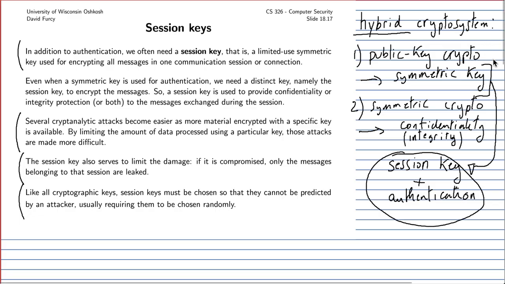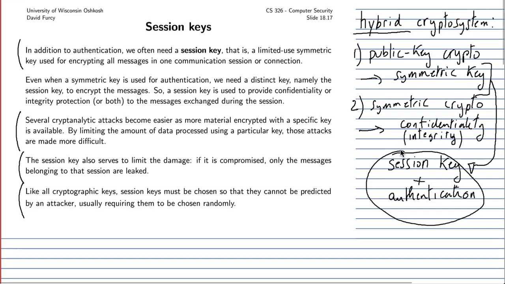Since this is done at the beginning of each session, namely you must establish the symmetric key between the two parties, and the parties must authenticate themselves, at least one of them, sometimes both parties, let's try and discuss protocols that do both at the same time.